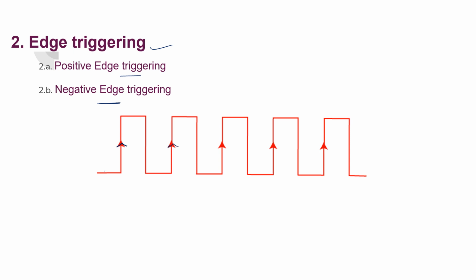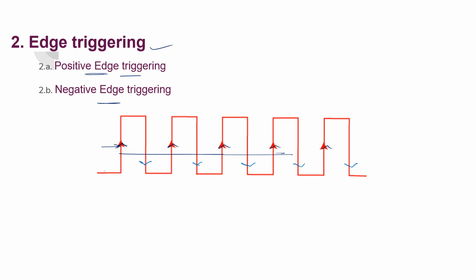These are the rising points. All these are the rising points. Therefore, if triggering happens at these points, that is known as positive edge triggering. The exact opposite one, if triggering happens at these durations, that is known as negative edge triggering.